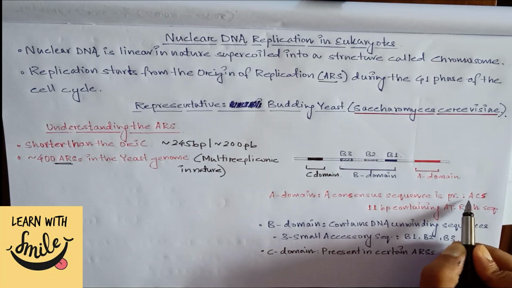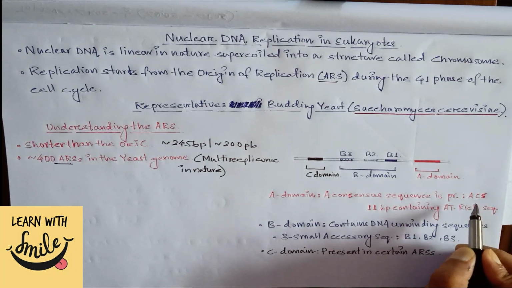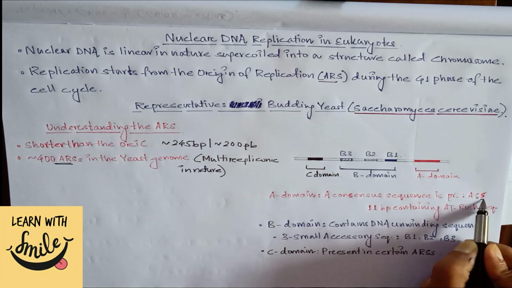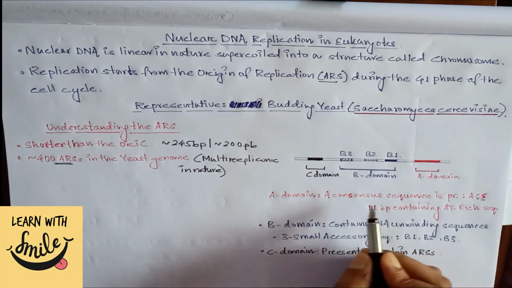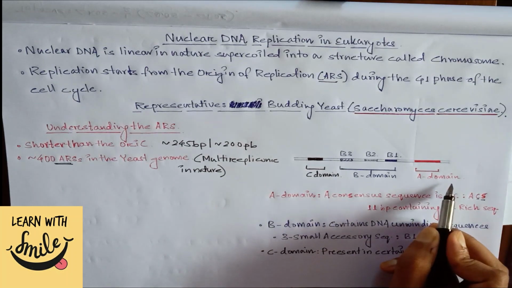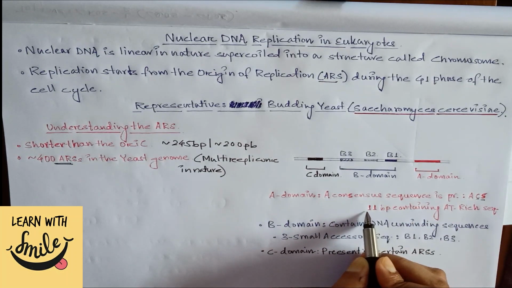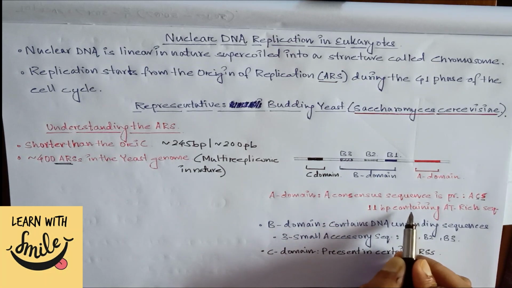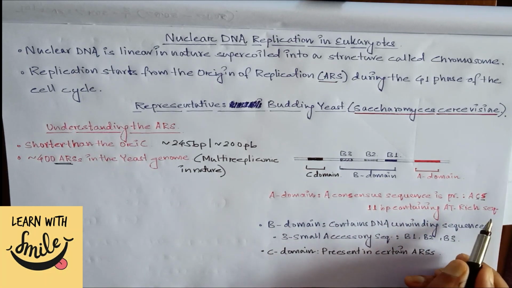If you are wondering what ACS stands for, ACS stands for autonomously replicating sequences consensus sequence. Basically this consensus sequence, which the A domain has, is an 11 base pair containing AT rich region.